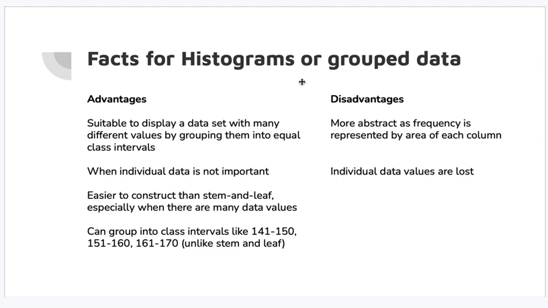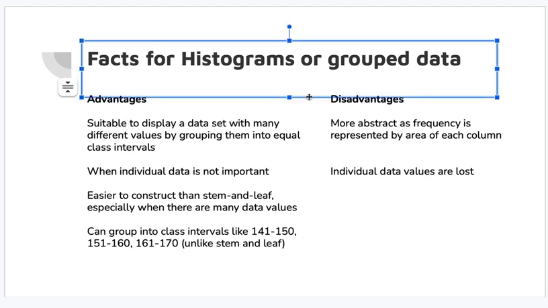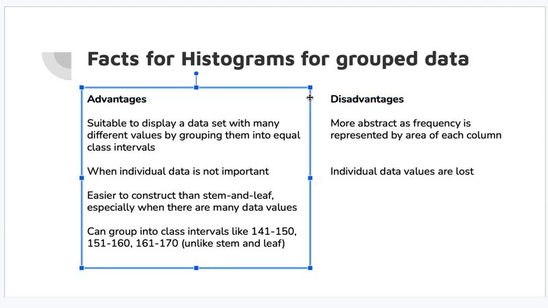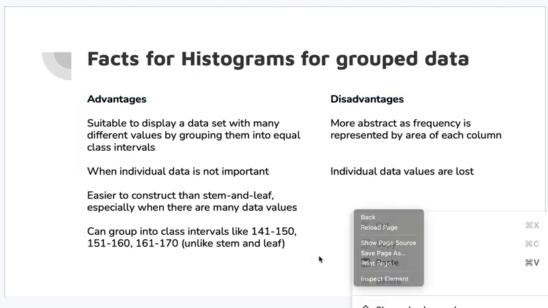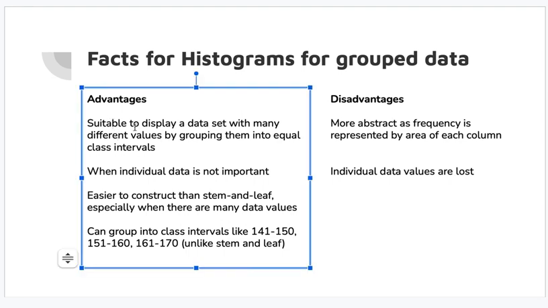Facts for histogram for group data. So the advantages for histogram: it is suitable for displaying a set of data with many different values by grouping them into equal class intervals.